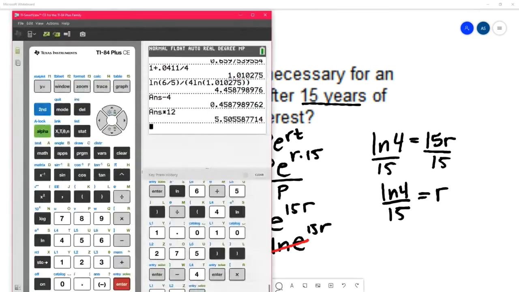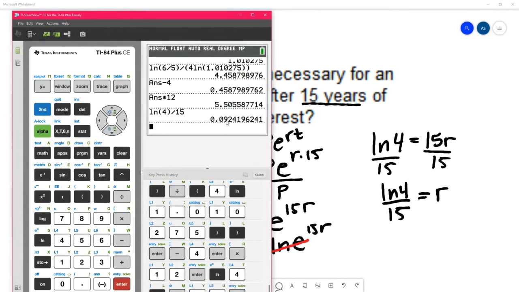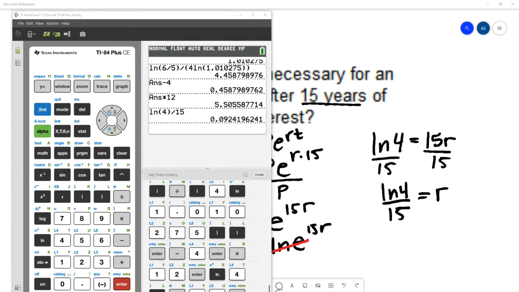We'll put this in our calculator. Natural log of 4 over 15. That gives 0.0924. Let me take a look at the rounding. It says round to 2 decimal places as needed. So since we're turning this into a percent, we're going to do 4 decimal places, and then we'll move it 2 places.